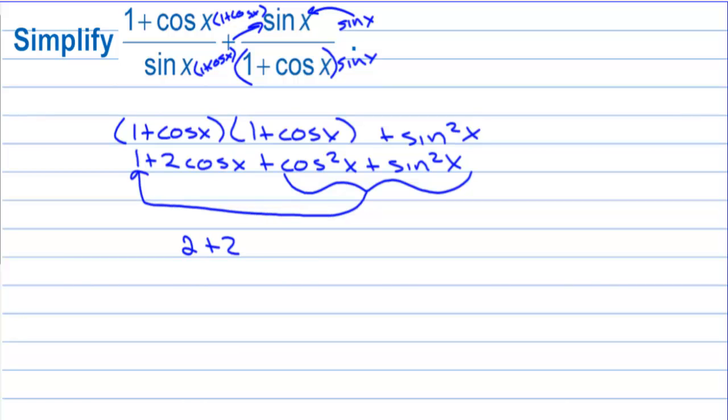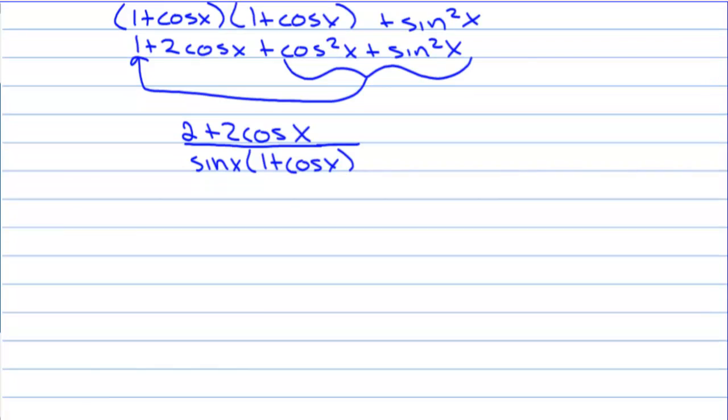We have 2 plus 2 cosine x. We can't forget that we have this over the common denominator, which is sine of x times 1 plus cosine of x. On the top, we can factor out a 2. That's 2 times 1 plus cosine of x over sine of x times 1 plus cosine of x.